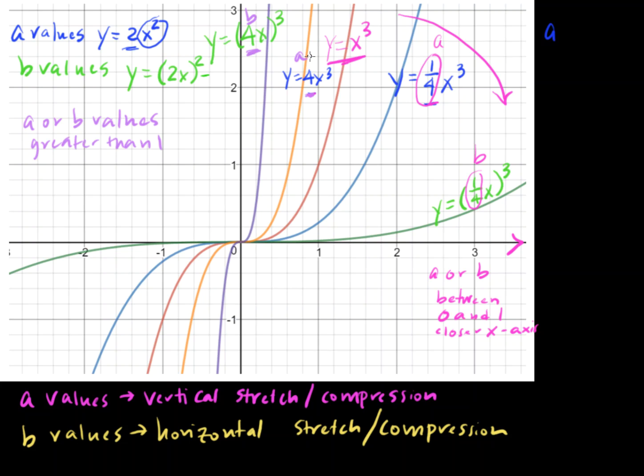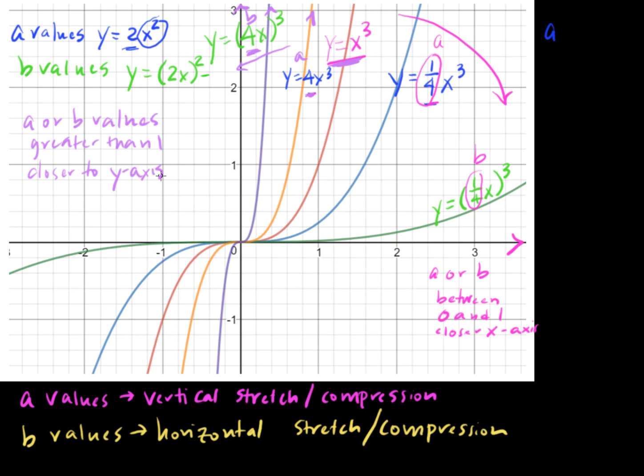That's greater than 1. So we notice that the graph gets closer to the y-axis. Here's the y-axis, here's the parent function once again. You notice both of these graphs are getting closer to the y-axis.